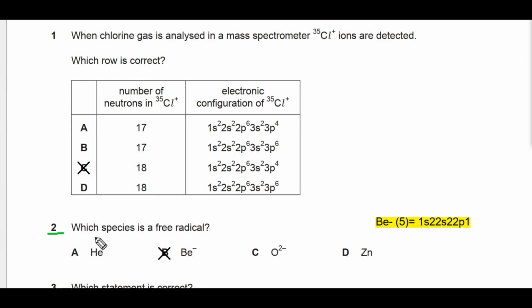Then number 2, which species is a free radical? You know a free radical is a species which has one or more unpaired electrons.